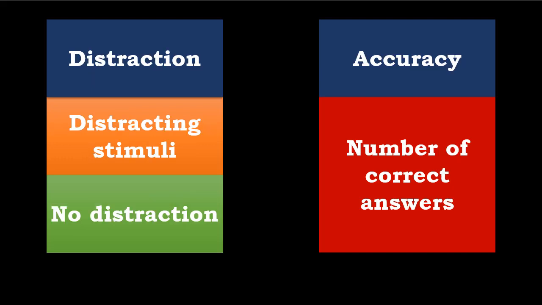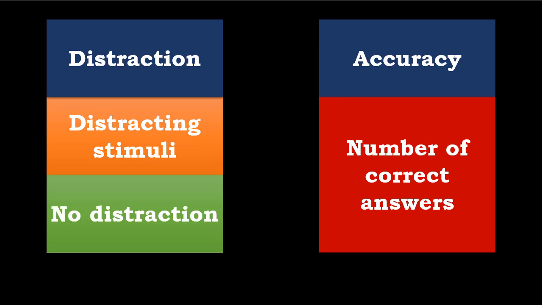So as an example, we are investigating the effect of distraction on the accuracy in performing a task. And the independent variable is distraction and has two values, distracting stimuli and no distraction at all. And the dependent variable is accuracy and is measured as the number of correct answers. What happens in here? We've got a group of participants that goes through both conditions.